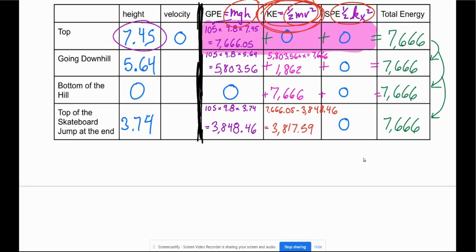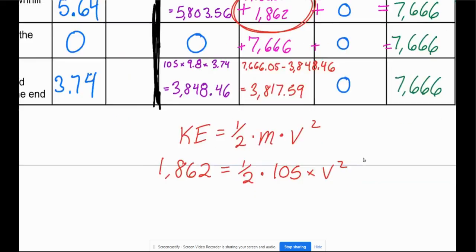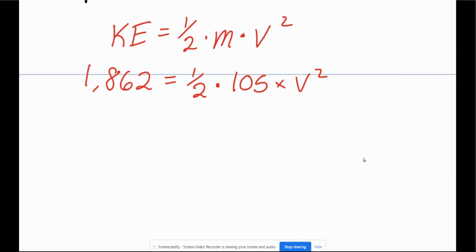So that's how I know I need to use that equation. So I'm going to use kinetic energy is equal to 1/2 times my mass times the velocity squared. The kinetic energy, let's start with this one here, is 1,862. That'll be equal to 1/2 times my mass, which is 105, times v squared.